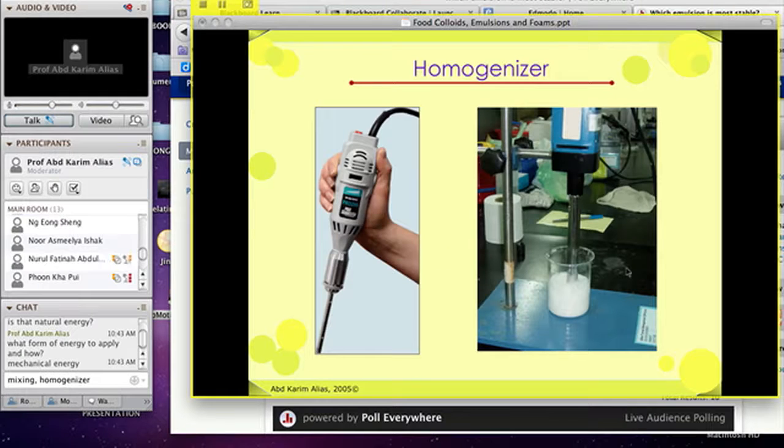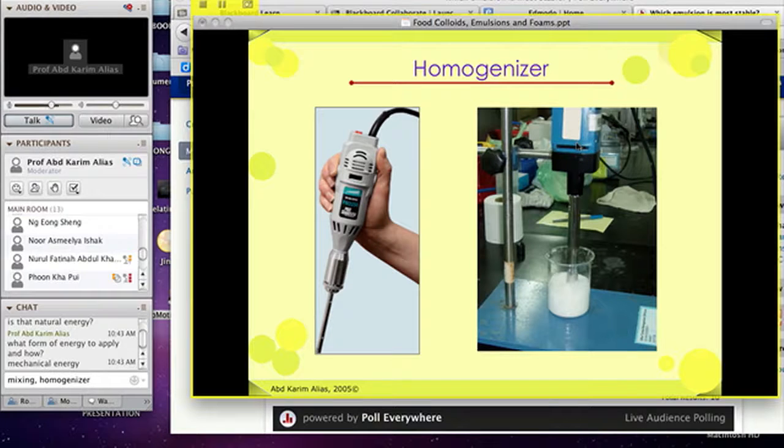In the lab, for a small amount of emulsion, we can use this type of handheld homogenizer. We put the emulsion that we want to prepare in a container, in a beaker like this, and we use this mixer, set at the higher speed that we want to use.